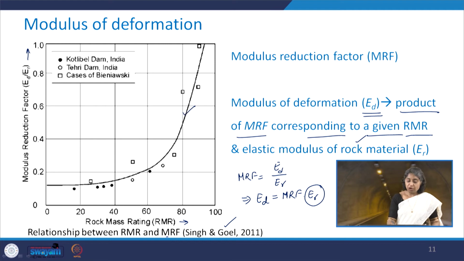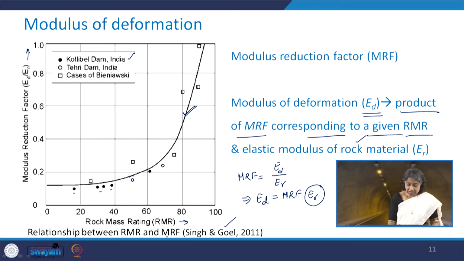Now, how was this plot developed? Various cases related to Indian conditions and abroad were plotted on the same space, that is MRF versus RMR. The points shown here represent the legends for the situation for Kotli Dam, India.